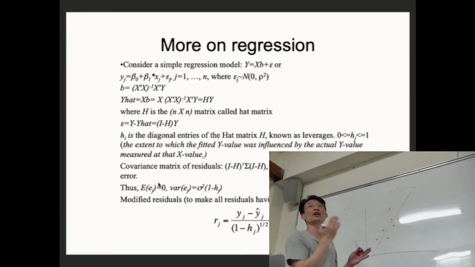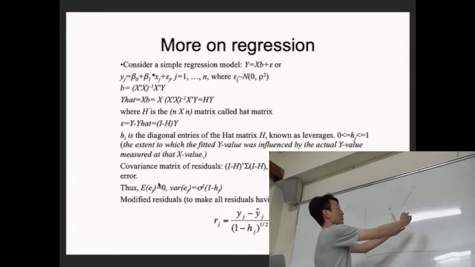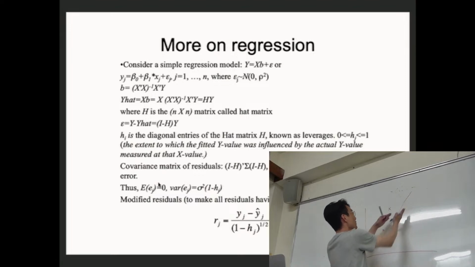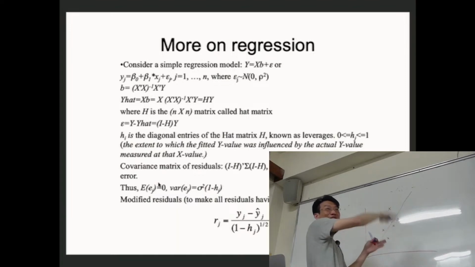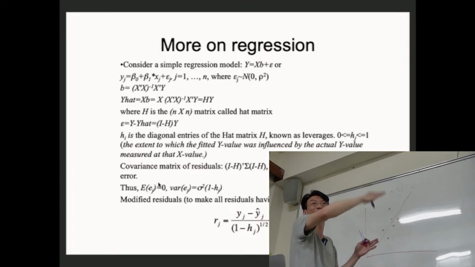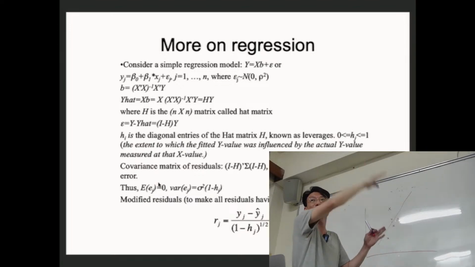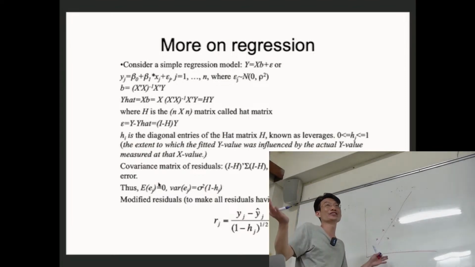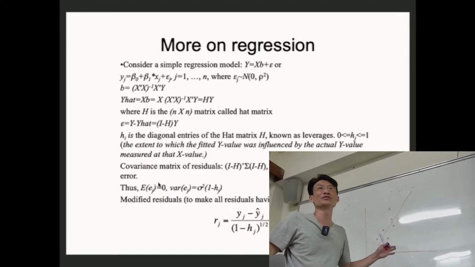And if you do the bootstrap, sample the data with pair, there's a certain chance you get this one. Once you get this one, you get a tilt. If you don't get this one, you don't have it. So you have two models. Maybe you create some kind of very strange empirical distribution of your beta one. If you don't care, then of course you get a confidence interval over your beta one.